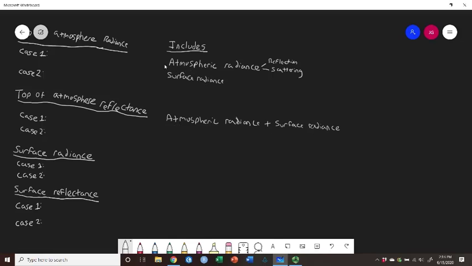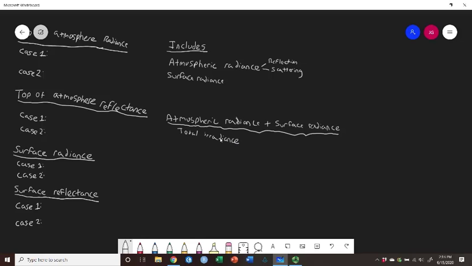So we're talking about top of atmosphere radiance, but then we also include something else, and it's what actually defines this idea of percent reflectance: we're going to divide that by the total irradiance.